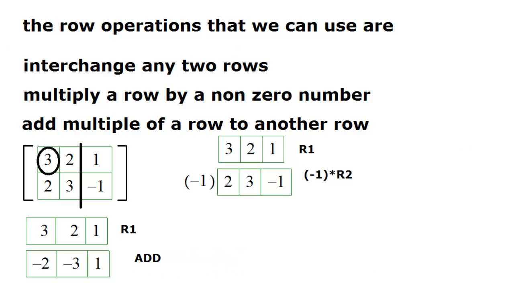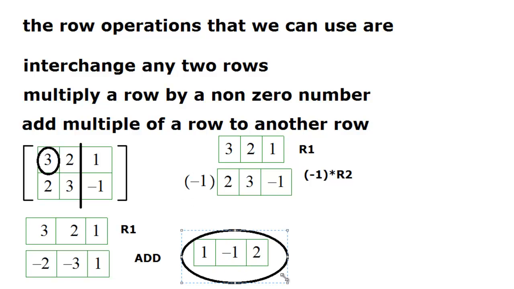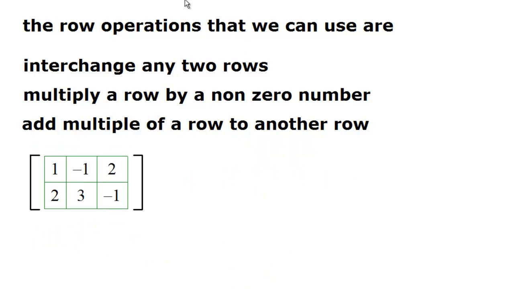Here we have simply 3 plus negative 2, or 3 minus 2 is 1, 2 minus 3 is negative 1, and 1 plus 1 is 2. So what we are going to do now, we are going to let this take place of this first row in the augmented matrix. That is, this row will be changed by this transformed row now. So now we have a 1 here.